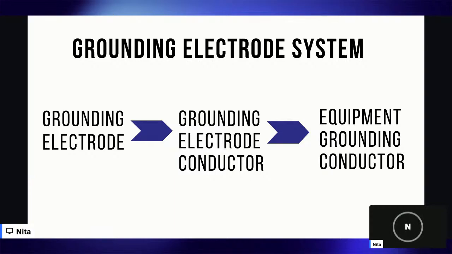And then I have what we just mentioned, my EGC. These are my green or bare copper wires that are part of my branch circuits. They connect my appliances, my boxes, my devices to the ground. So if a fault occurs, then they can carry current back to the panel so that the breaker can trip.